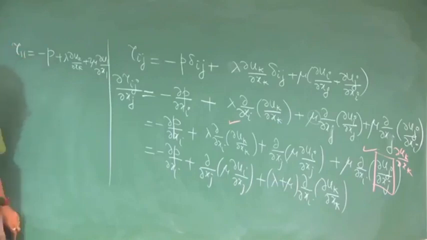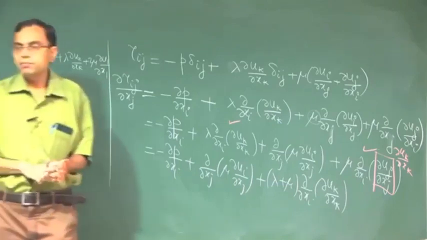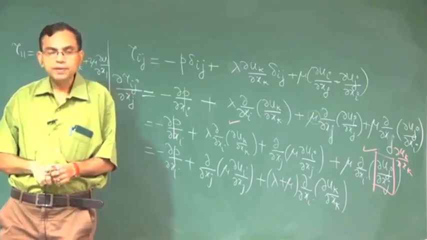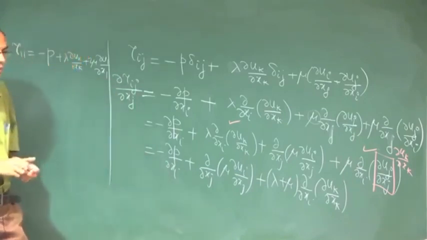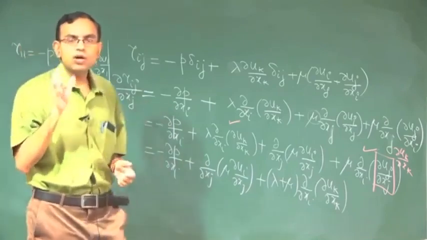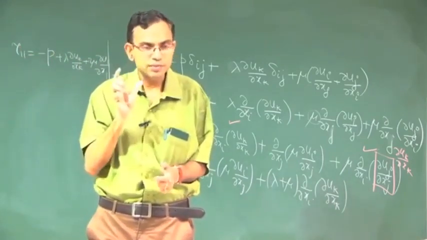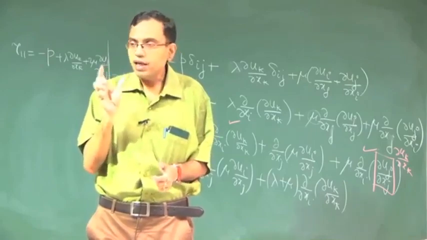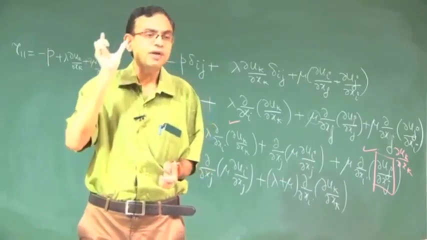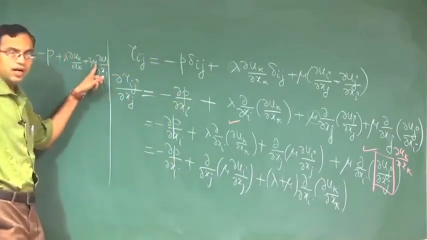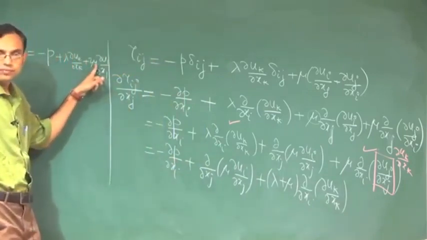See, a very important thing, this is again a misconception in students. The misconception is that the only possible normal stress is due to pressure. This is a misconception. There can be a normal stress due to viscous effect also. See this term, this is called the viscous normal stress.